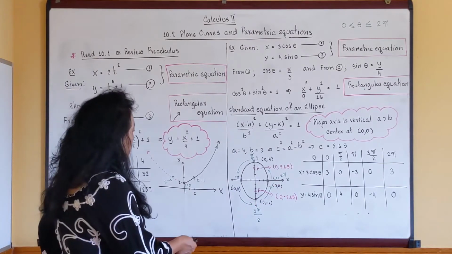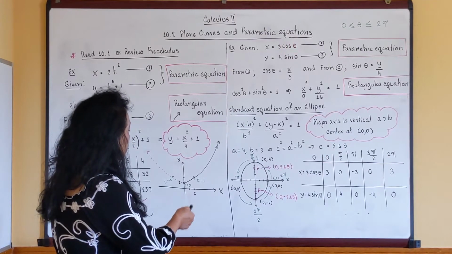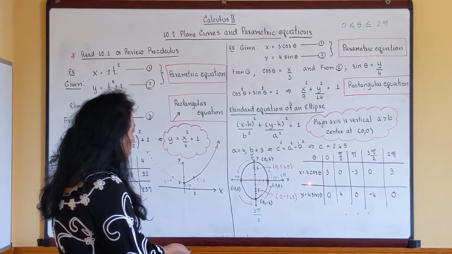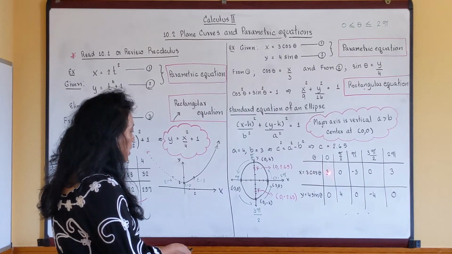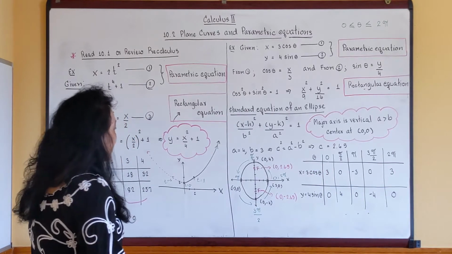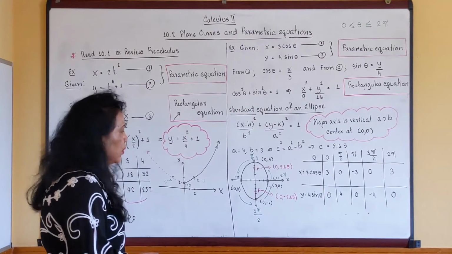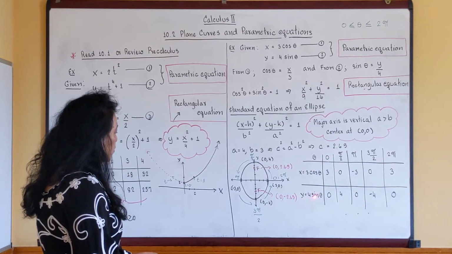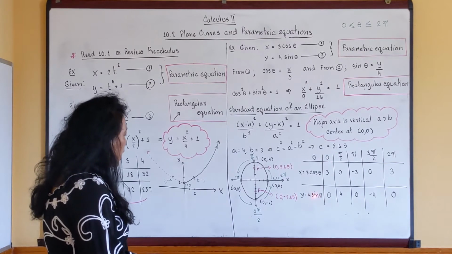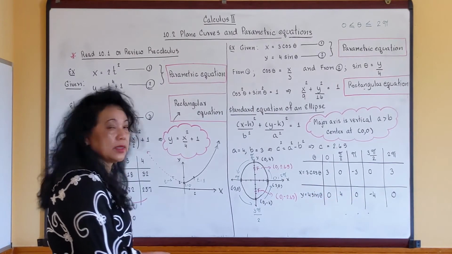Let's say theta is 0, I'm going to substitute in here. If theta is 0, cosine of 0 is 1, 1 times 3 is 3. Let's substitute the next one for my y coordinate. If theta is 0, sine 0 is 0, 0 times 4 is 0.